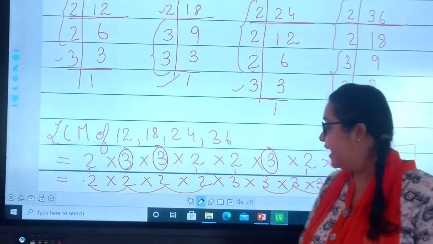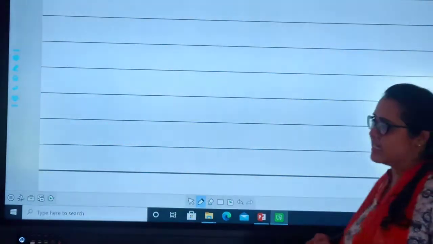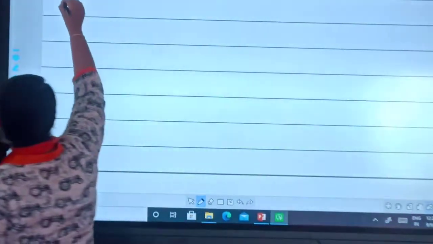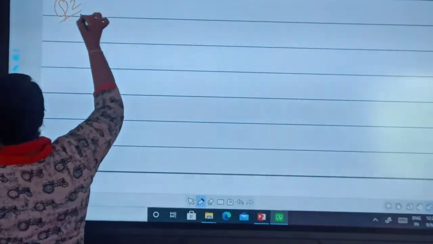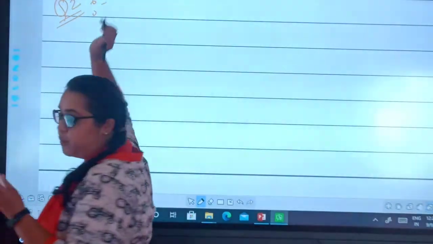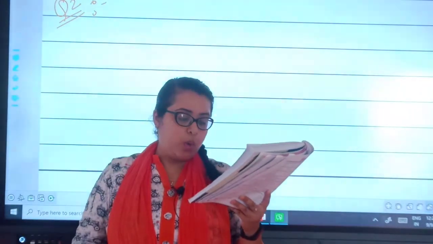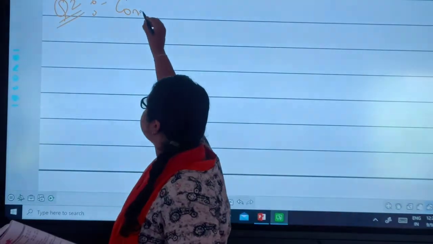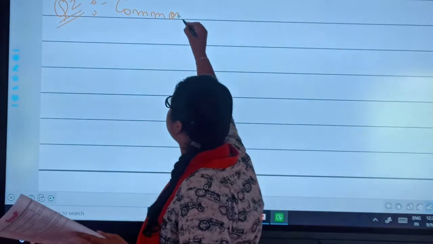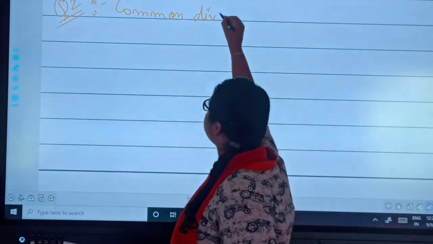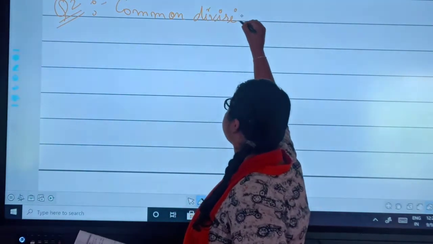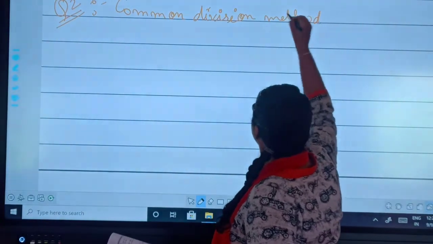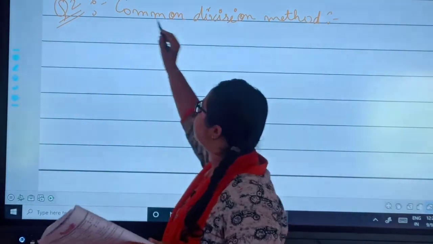Okay students, now we will solve one sum of question number 2. Are my students ready? Let's start it. The question number 2 is, we are supposed to find the LCM of the following numbers by common division method.